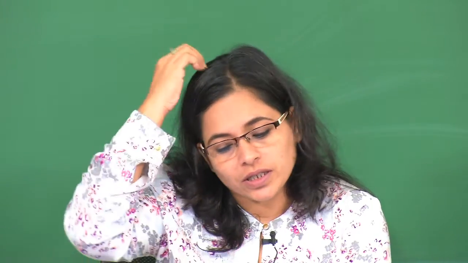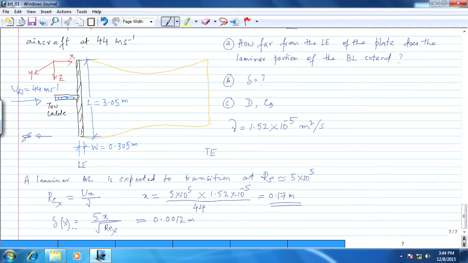The only thing I would like to pull your attention to here is that this is a little different, right, from the plates that we were considering so far. The plates that we were considering so far, the flow was kind of always coming, you would have a plate like that and the flow would somewhere sort of come like this, right, and then the boundary layer would develop something like that. But right now that is not what it is, right. So, what we see here is not that.